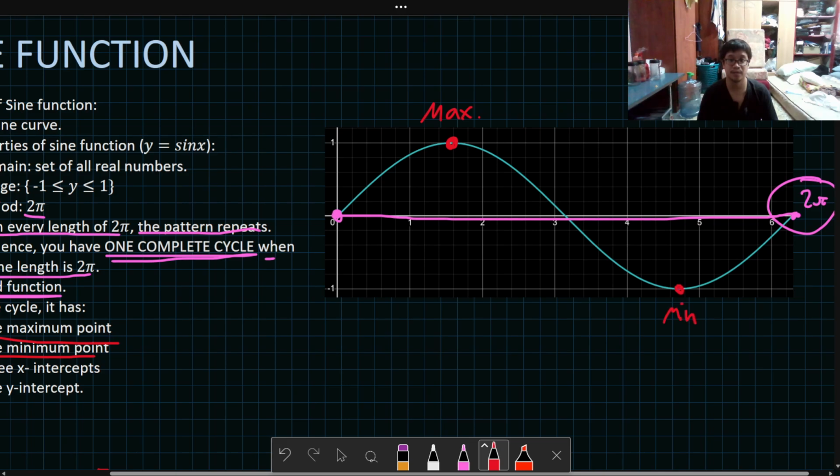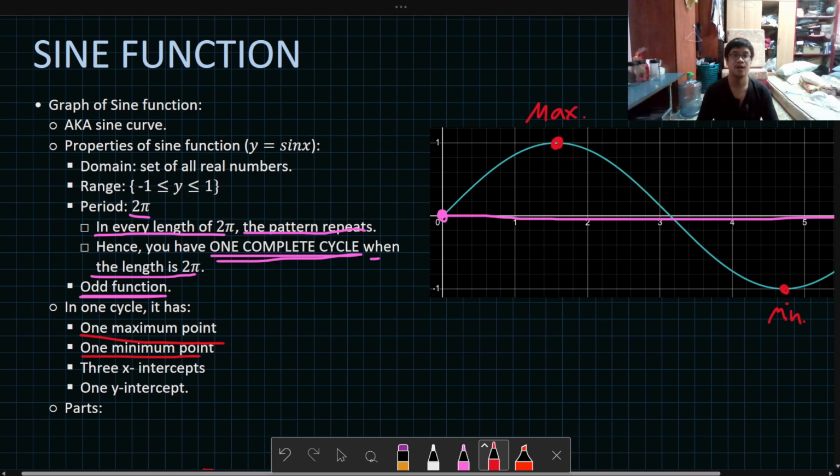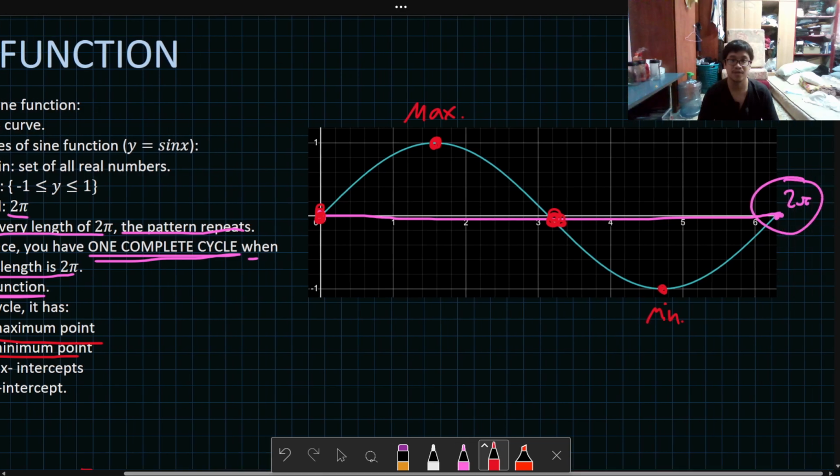Then we have three x-intercepts, basically where the curve passes through the x-axis. First it passes through here, the center, then here, and then here. There exist three x-intercepts: one, two, and three.